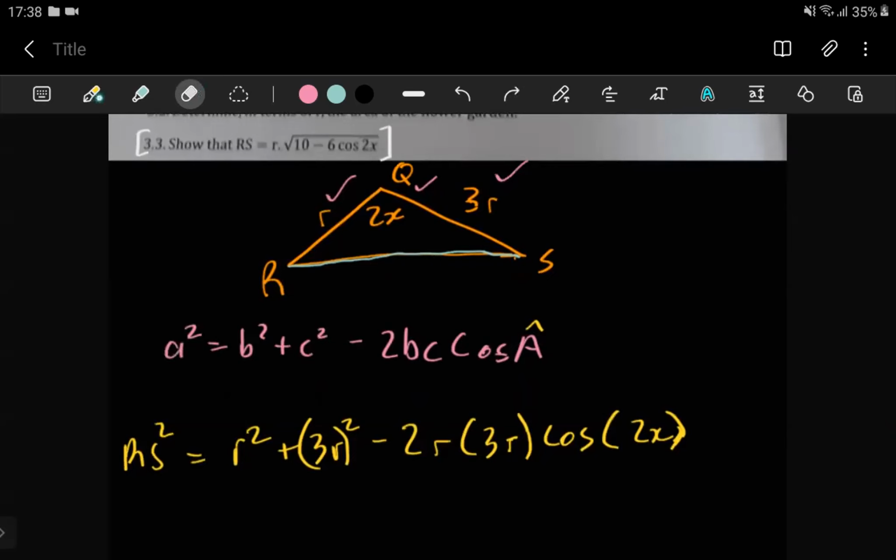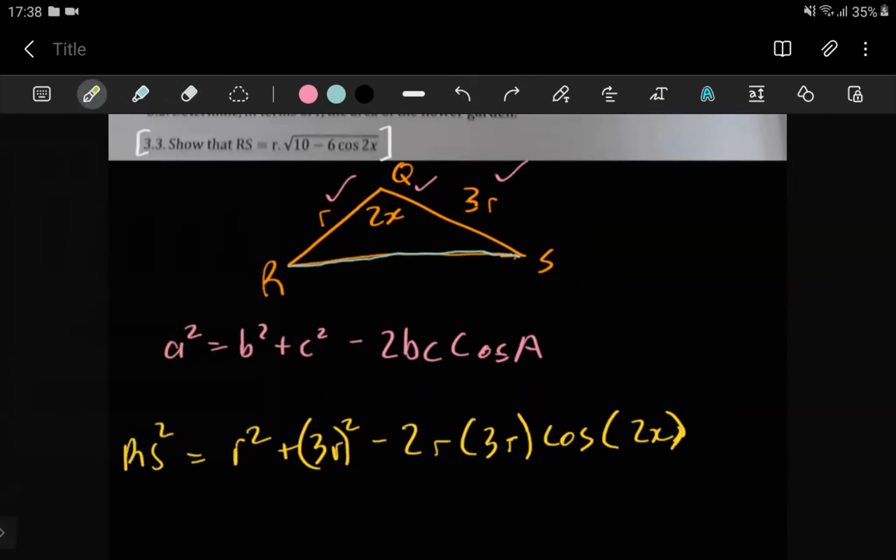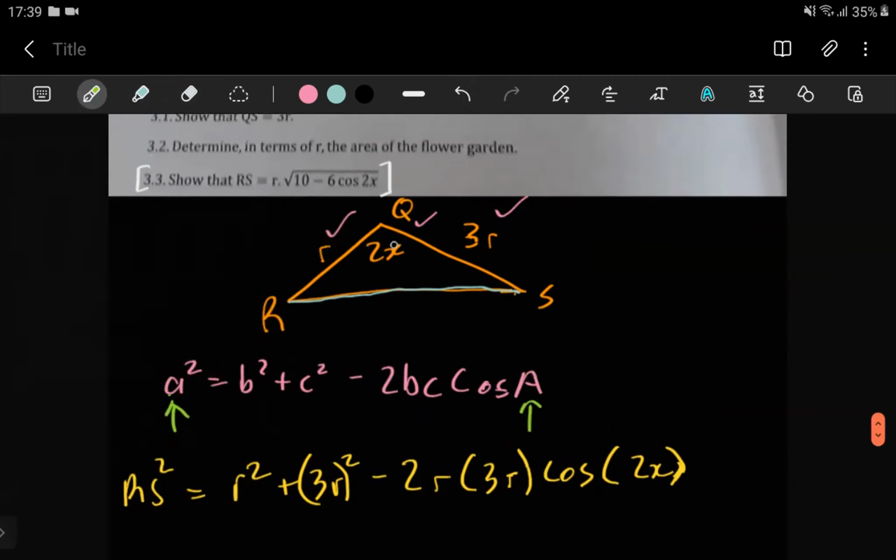So at all times, let's just say we will substitute our a squared with the value we are looking for. You don't choose. You just have to remember that the angle here will always go with this side.